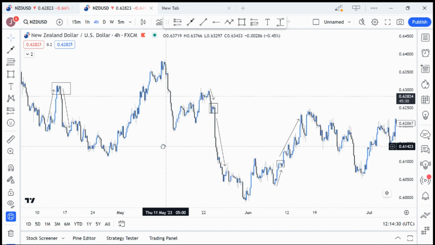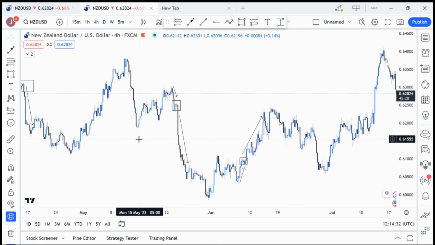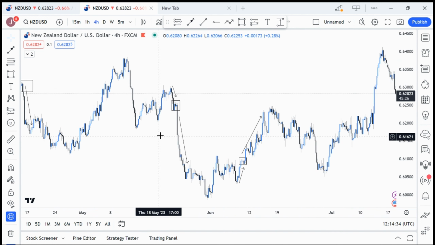Now let me show you the continuation patterns for supply and demand. The first one I'm going to show you is the drop base drop. Remember that drop base drop is a continuation pattern that tells you that this market is still going on a downtrend, and it's associated with the supply zone. Now, this market was in a downtrend here.